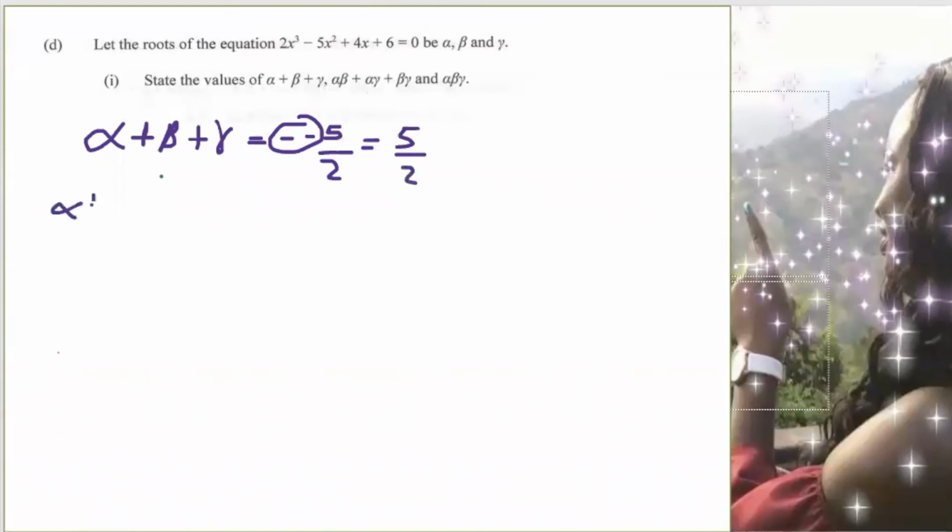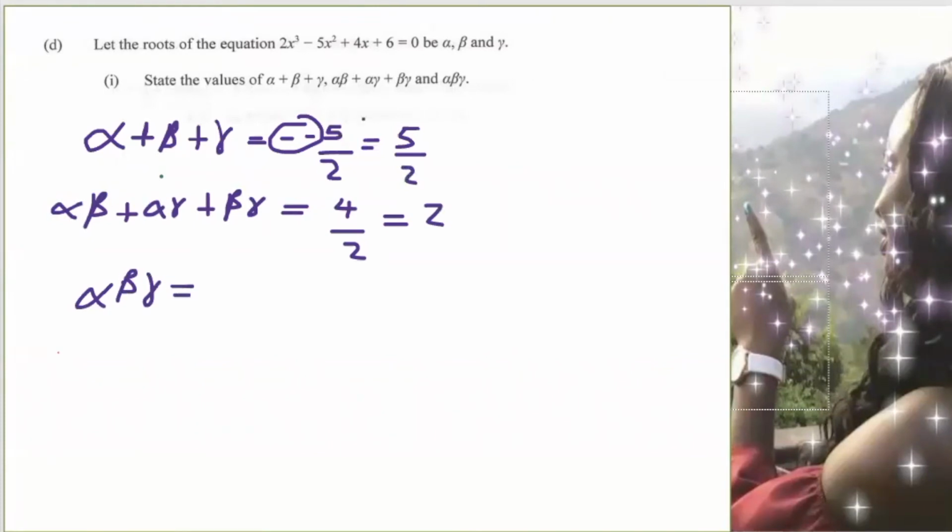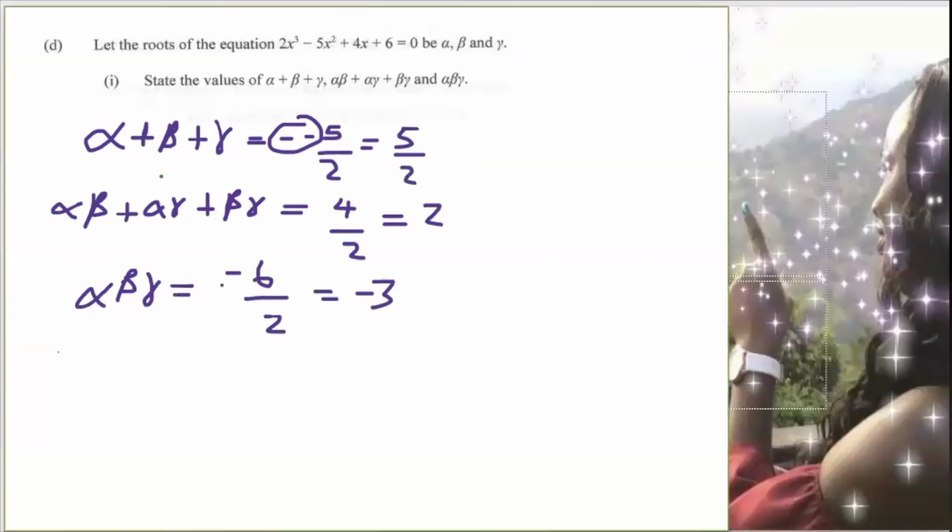Now to find alpha beta plus alpha gamma plus beta gamma, it is equal to the coefficient of x, which is 4, over the coefficient of x cubed, which is 2. So I will have 4 over 2, which is the same thing as 2. Now alpha times beta times gamma is equal to minus the last number, which is the constant, over the coefficient of x cubed, which is 2. So minus 6 over 2 is negative 3.